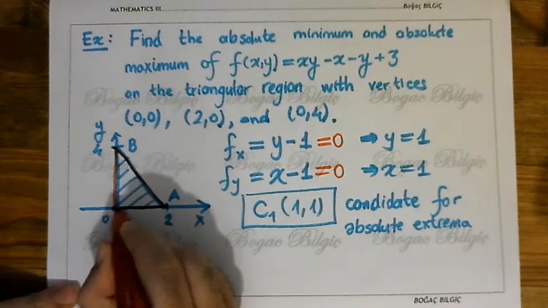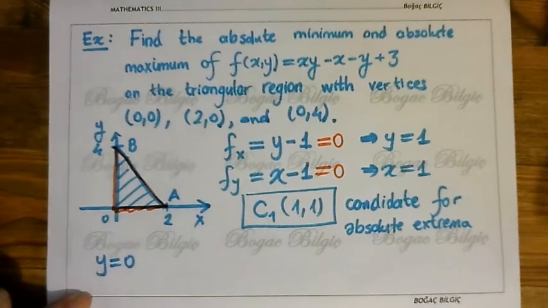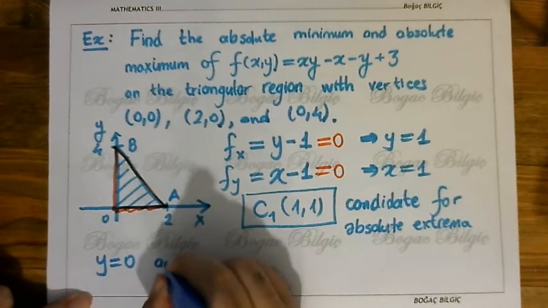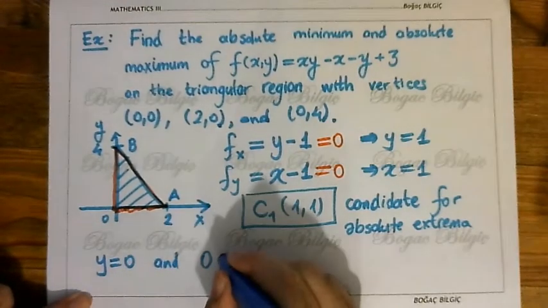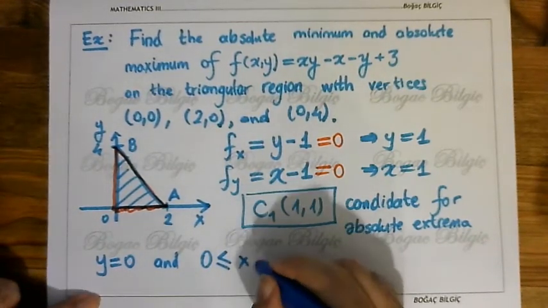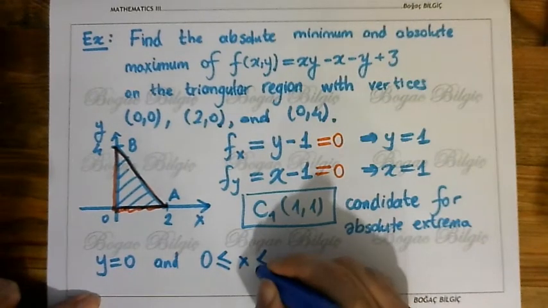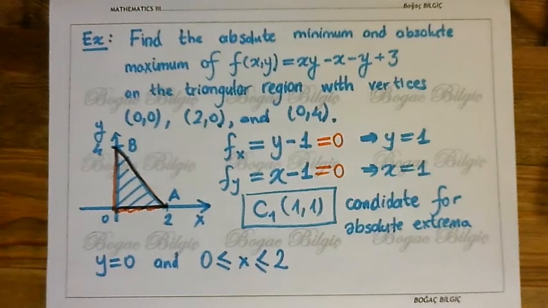First boundary is the boundary on the x-axis, defined by y is 0 and 0 is smaller than or equal to x, smaller than or equal to 2. On this boundary, the values of f can be expressed as a function of x alone.